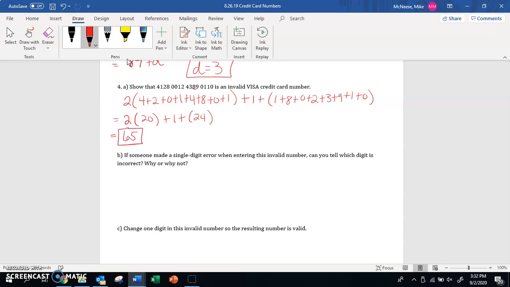And the reason this doesn't work is because it's not a number that ends with 0. So we can say this is invalid because it is a number that does not end with 0.